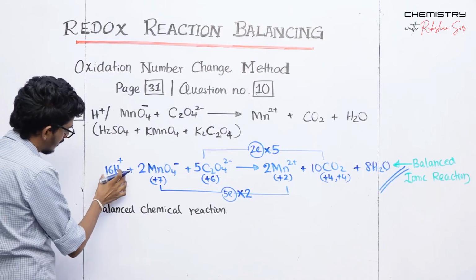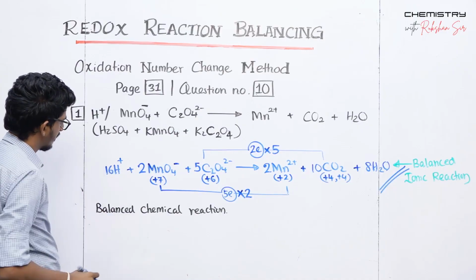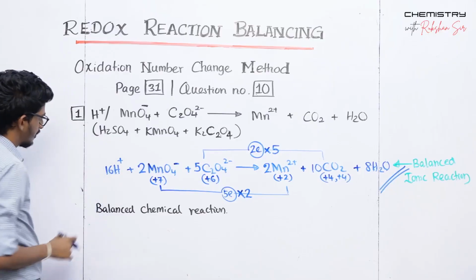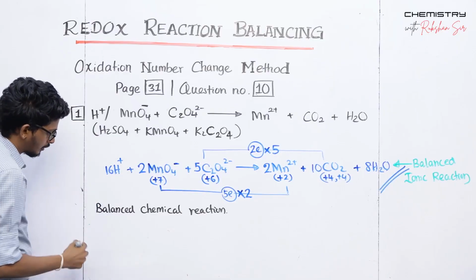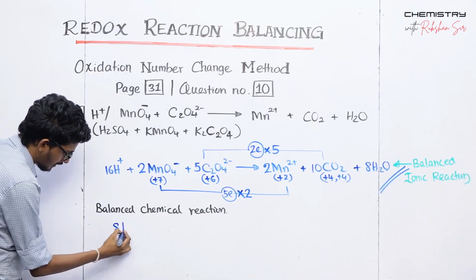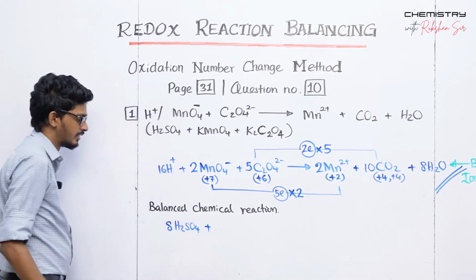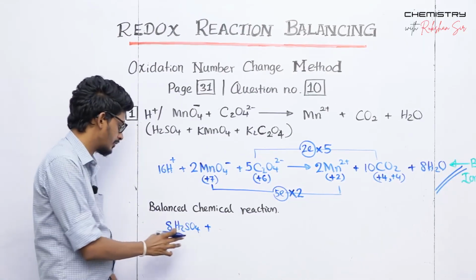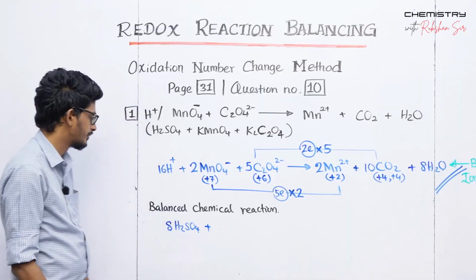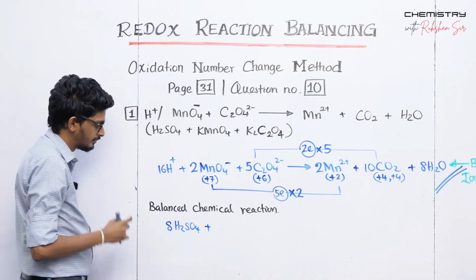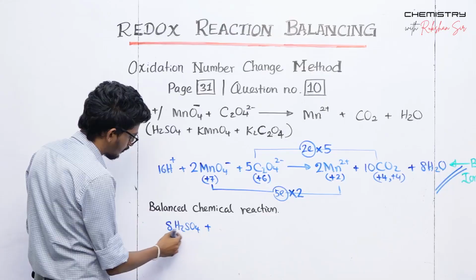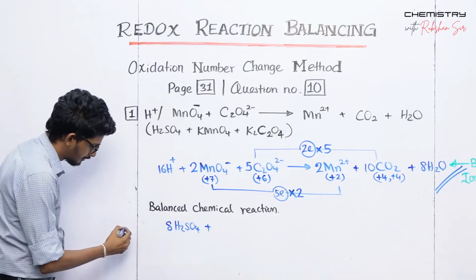So to provide 16 H pluses, how many H2SO4 molecules do you need? You need 8 H2SO4 molecules. 8 H2SO4 molecules are able to provide 16 H pluses, right? So when you are writing 8 H2SO4 molecules, you have written 8 SO4 2 minus ions by hand.